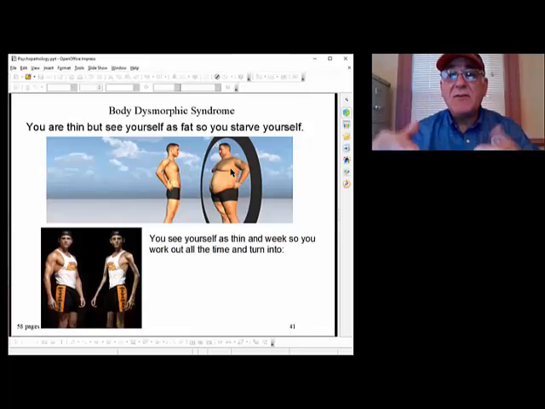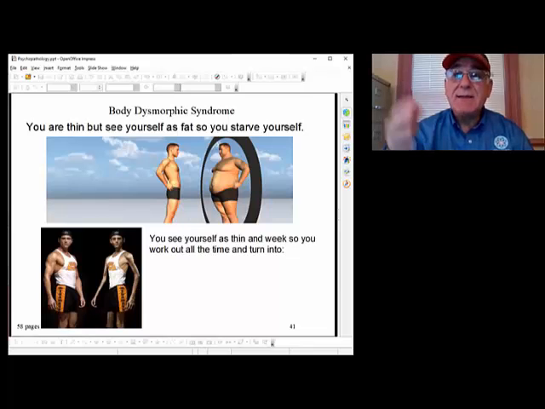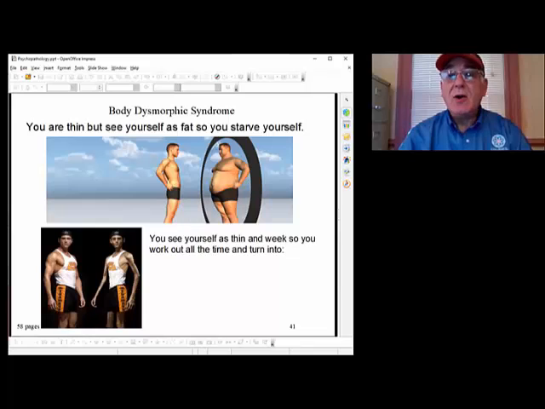We see ourselves in a different way than we should. So this person would go on diets and diets and diets, become anorexic or bulimic in order to lose weight and hurt themselves. And that's what pathology is, right? It's hurting yourself to the point where you cause personal distress. Well, if your heart isn't working right, it's going to be distressful, and you can't meet the demands of life.